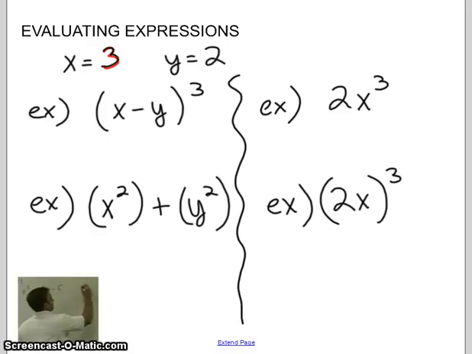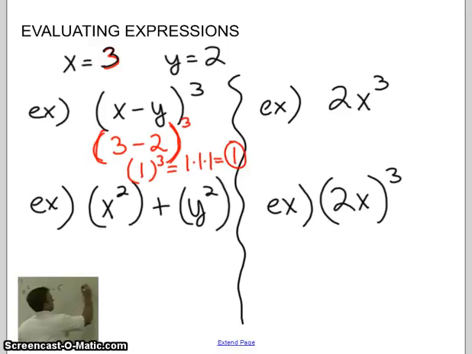So we're going to substitute in 3 for x and 2 for y. So instead of writing x, I'm going to write 3. Instead of writing y, I'm going to write 2. 3 minus 2, we have to do this first because it's in parentheses, is 1. And then we have 1 to the third power, which means 1 times 1 times 1, which is 1.